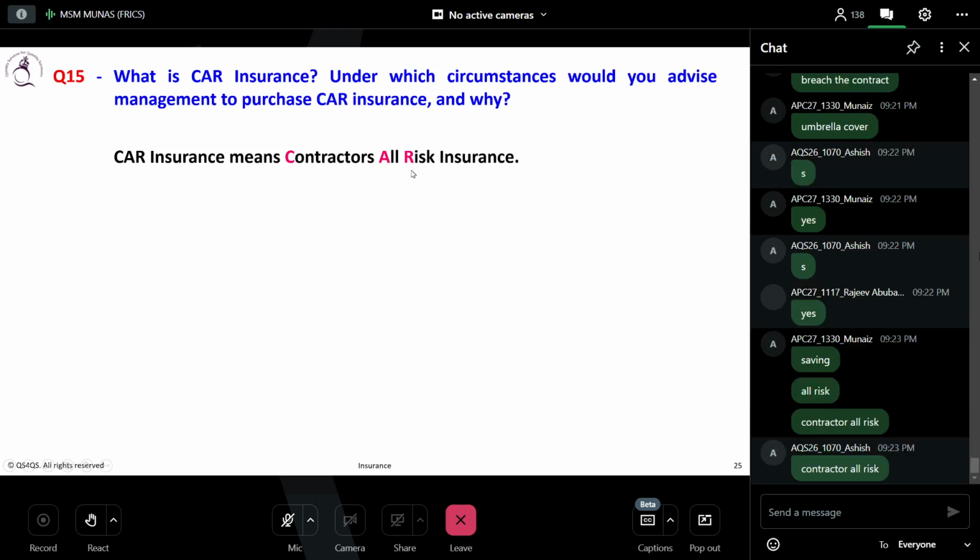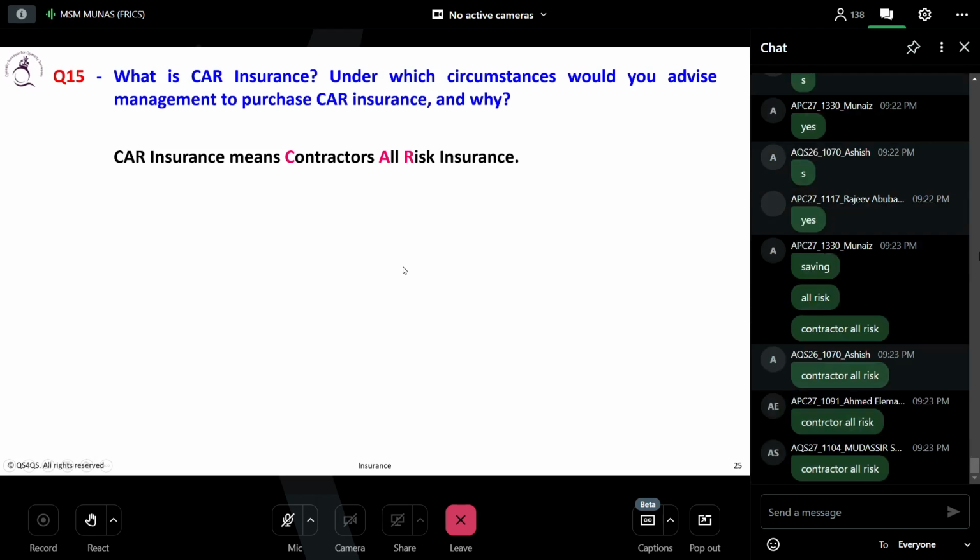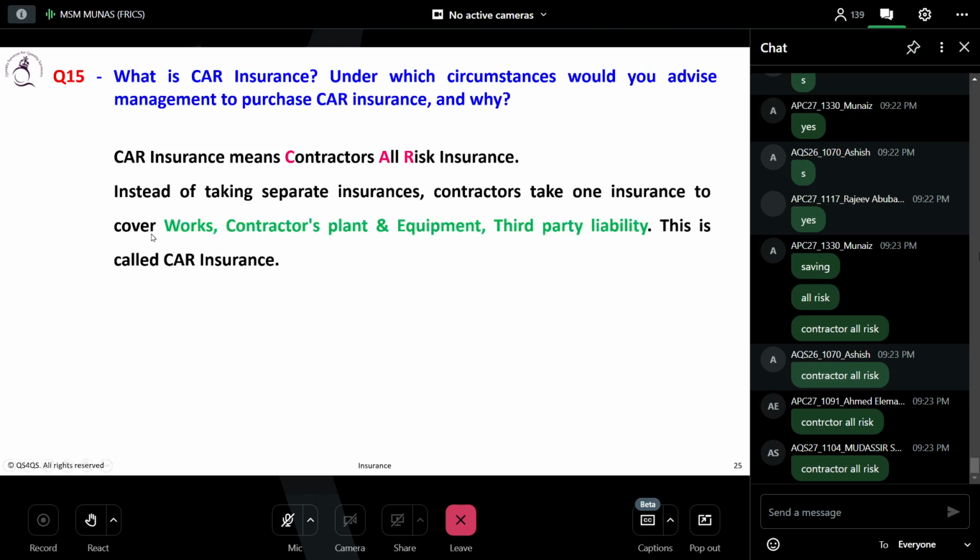So how many risks does the contractor have as per FIDIC 99? 5, isn't it? If needed, maybe he can go for a 6th, up to 6. Let's talk about the 5. So insurance for the works, contractor's plant and equipment, right? Third party and his workmanship.